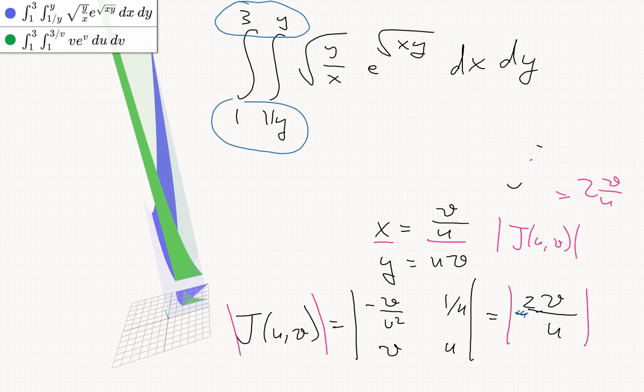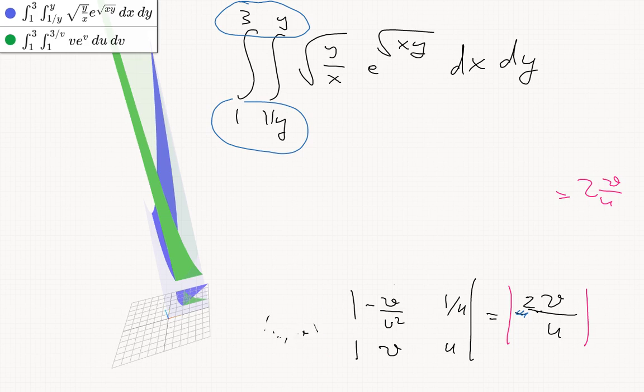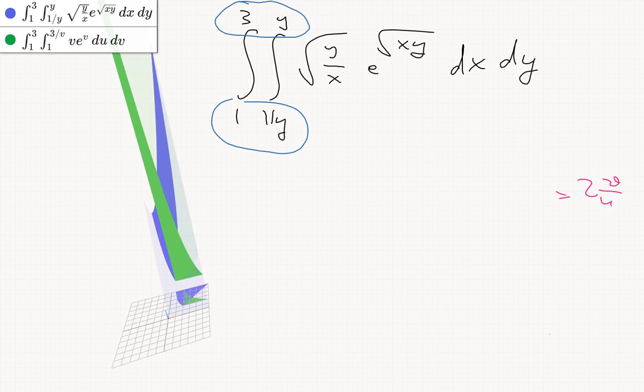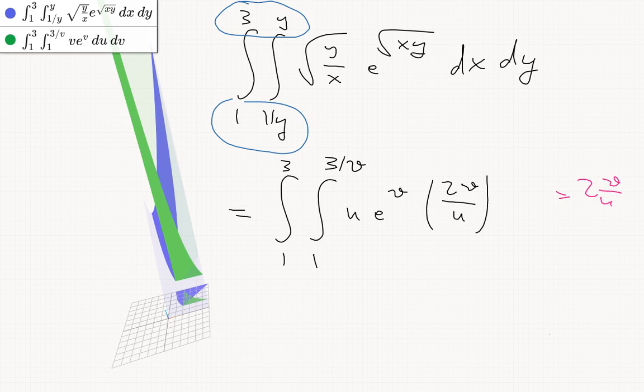So our integral is going to become the integral from 1 to 3, integral from 1 to 3 over v, u e to the v, then the absolute value of the Jacobian, 2v over u, and then du dv.